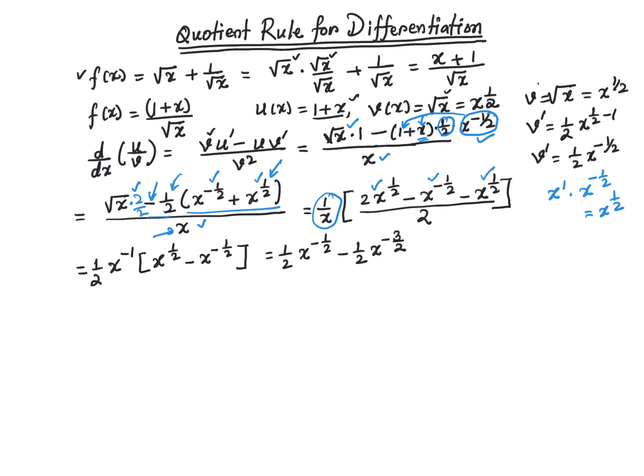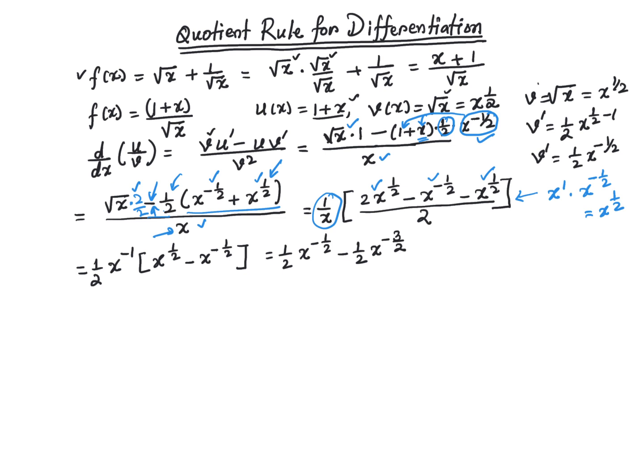I'm just distributing this negative sign. And this is a bunch of algebra, guys. It's nothing to do with differentiation. If it is too much, do it step by step instead of doing a couple of steps at a time as I have done here. Just break it down into very simple one-step moves and you'll get it.